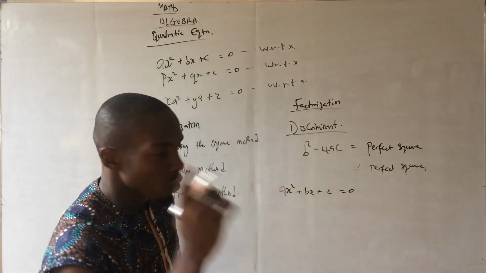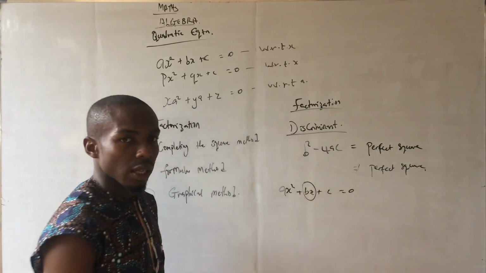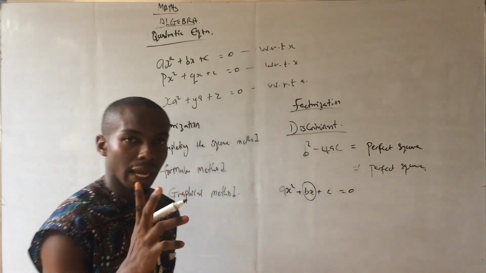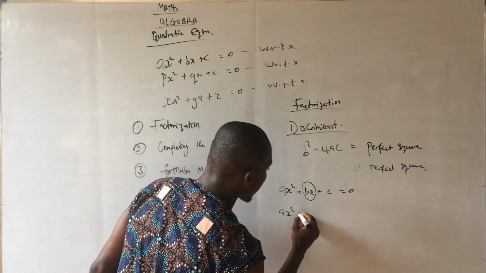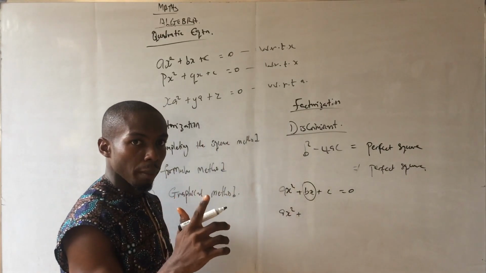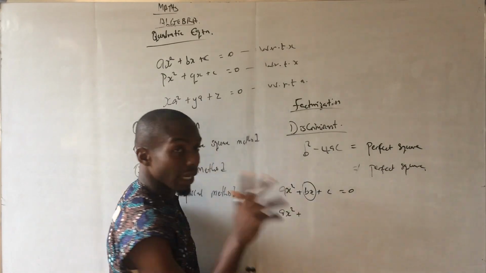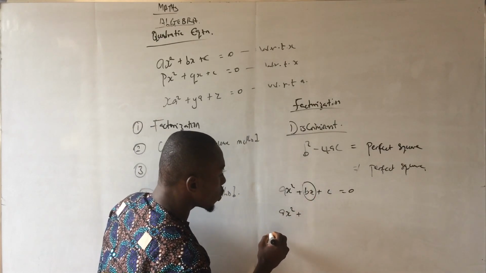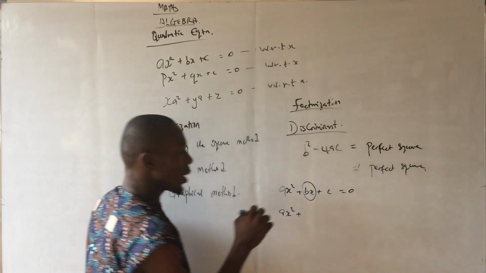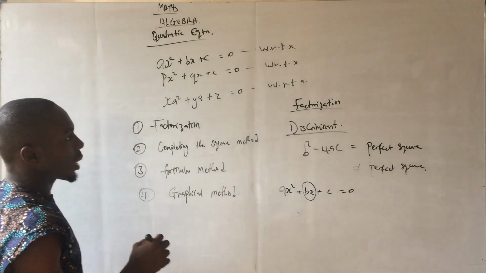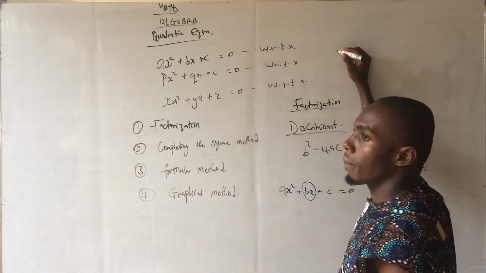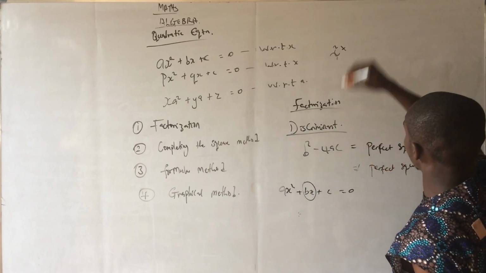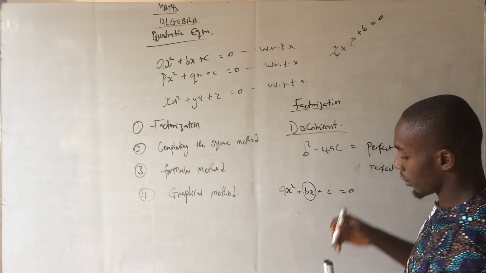To factorize the equation, for this b, the second quantity here, we look for two numbers that when you multiply them, you have c, and when you add them, you have b. An example of what I'm saying: let's look at x squared plus 5x plus 6 equal to 0.